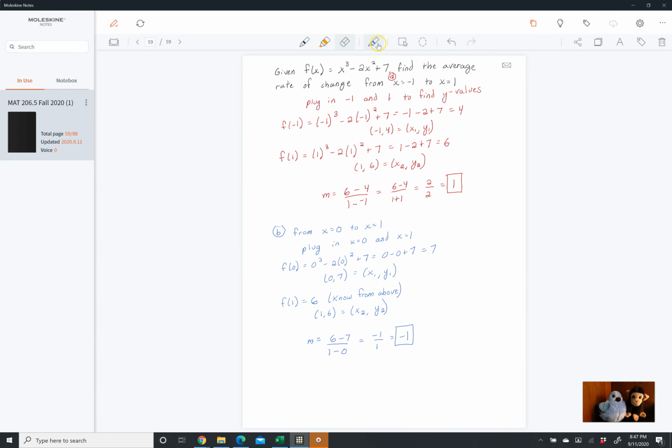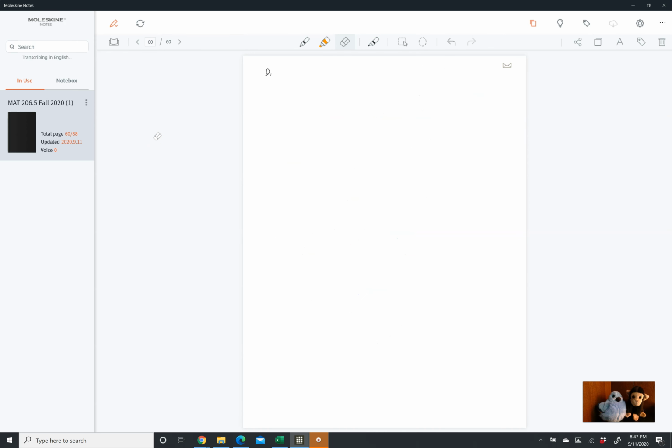So let's first define our difference quotient. So this is the slope of a line that connects any 2 points on a curve.